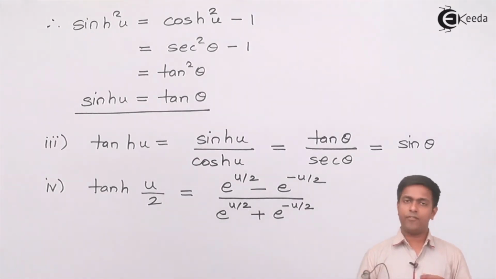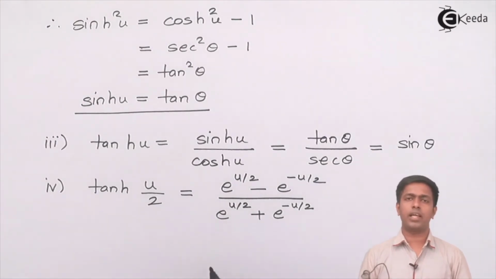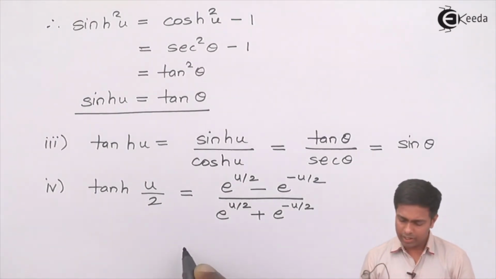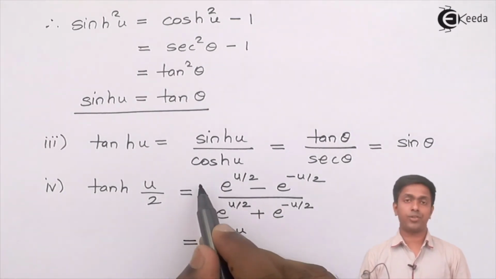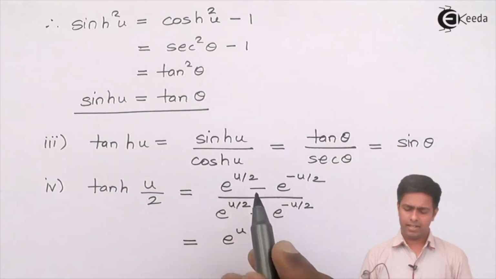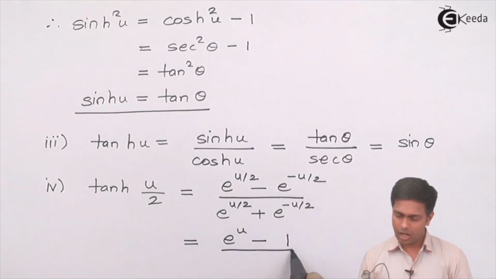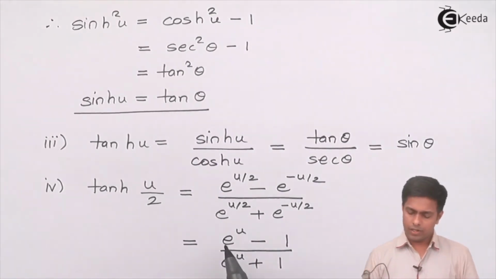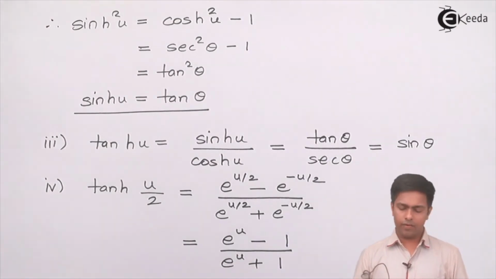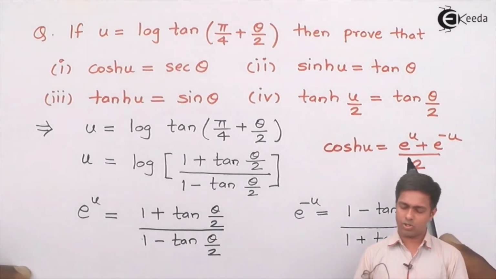Now since I have the value of e to the power u, to get that value here, I'll multiply numerator as well as denominator by e to the power u by 2. By doing that, we will get e to the power u, because e to the power u by 2 into e to the power u by 2, the u by 2 and u by 2 will be added and the answer is u, minus 1 because that power will be cancelled, upon e to the power u plus 1. Now the value of e to the power u we already have, and that value is already in terms of theta by 2, and my answer is also in terms of theta by 2.